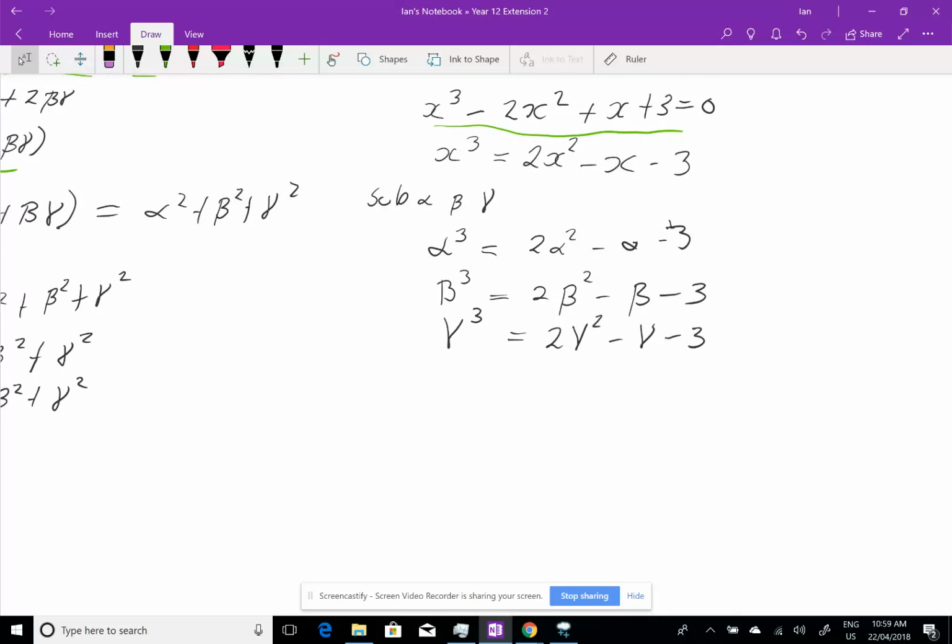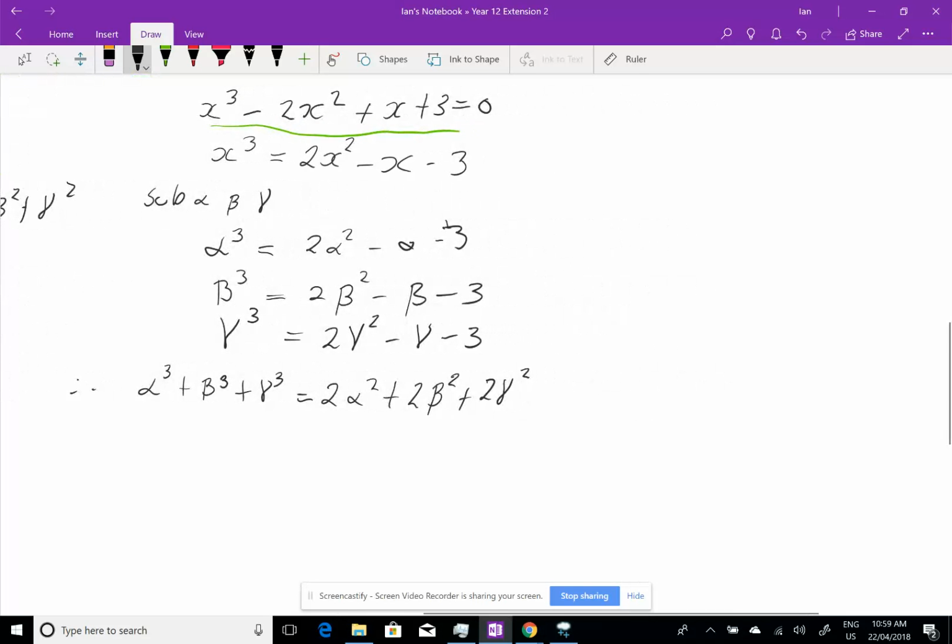Now the 3 equations, I can just add them. So, therefore, alpha cubed plus beta cubed plus gamma cubed equals all these things added together. 2 alpha squared plus 2 beta squared plus 2 gamma squared minus, now I'll take the minus 1 out, and if I add these three things, I'll get alpha plus beta plus gamma.